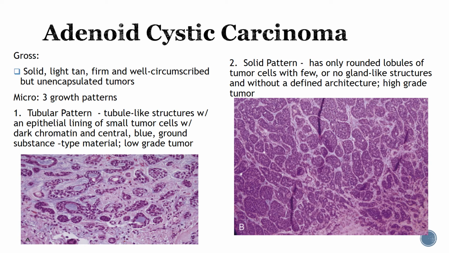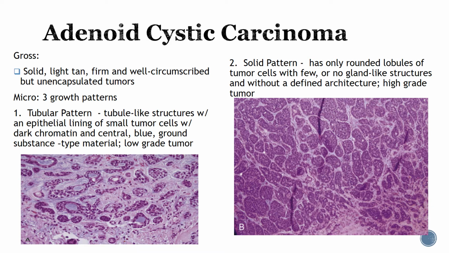Grossly, these are solid, light tan, firm, and well circumscribed but unencapsulated tumors, and microscopically there are three growth patterns: tubular, cribriform, and solid. The tubular pattern has tubule-like structures with an epithelial lining of small tumor cells with dark chromatin and central ground substance type material, a low-grade tumor.